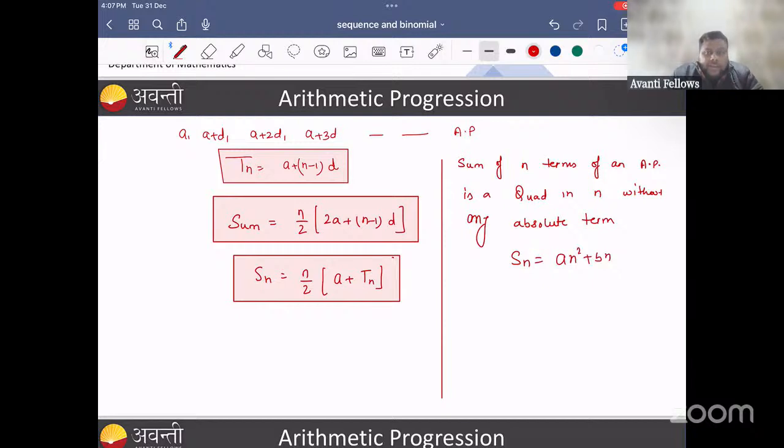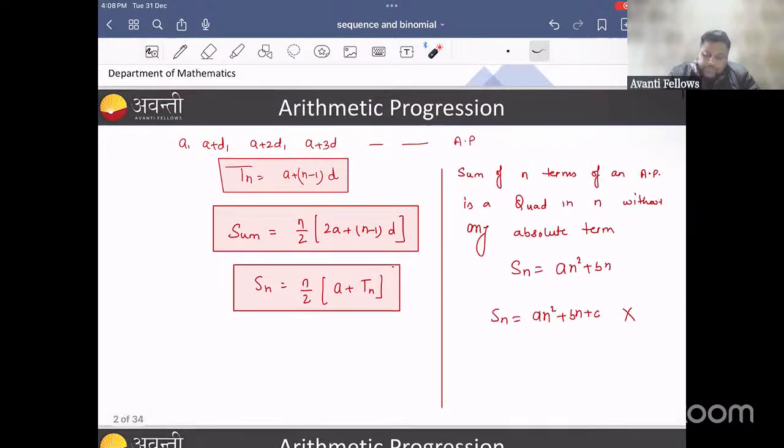Yes, it can be. But if a series is like an square plus bn plus c, can it be the sum of n terms of an AP? Then the answer is no, this cannot be. Here also you realize this is a quadratic in n without any absolute term. There is a term of n square, there is a term of n, but there is no constant term. Am I clear?